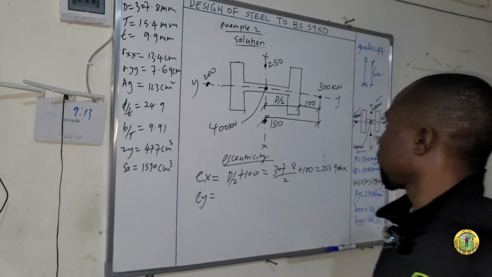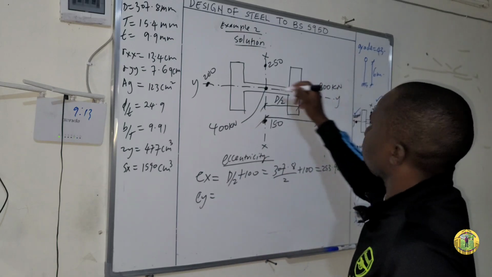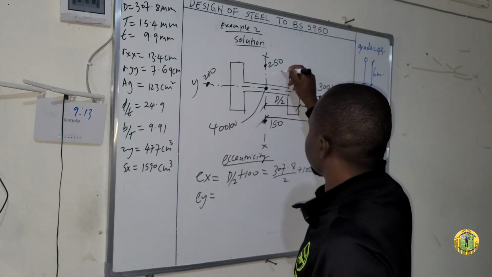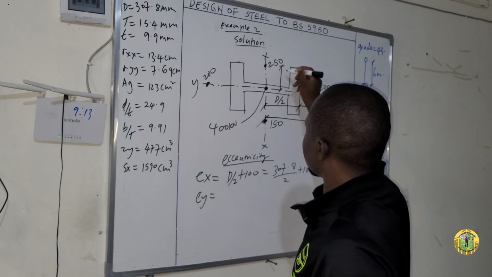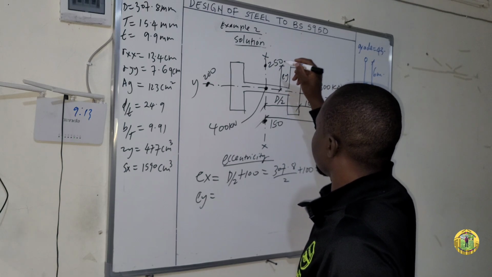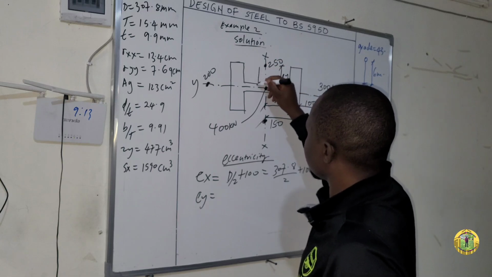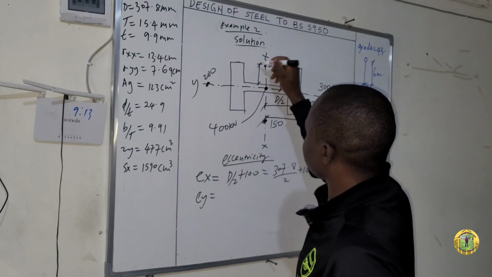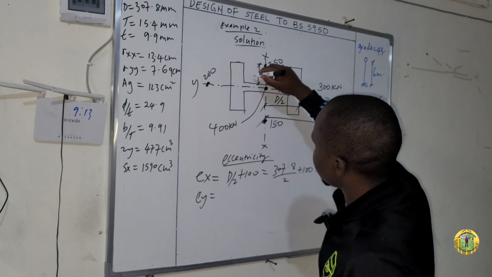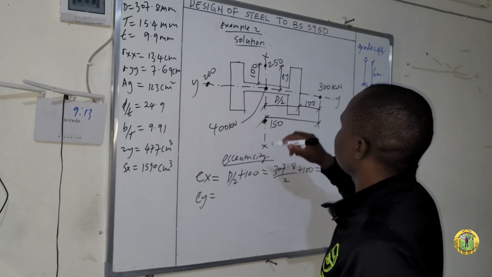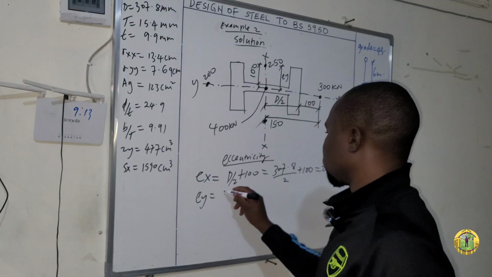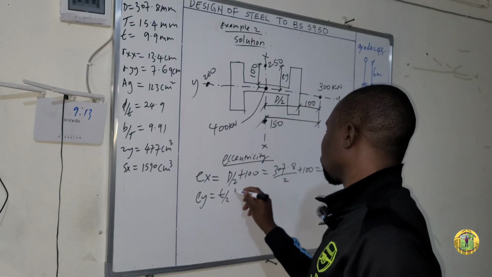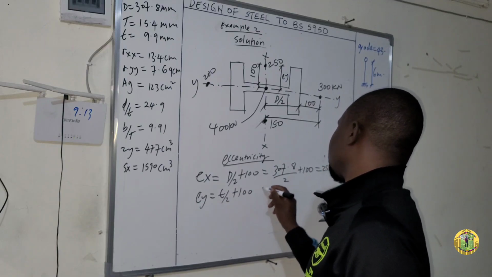Let's proceed to EY. This is the YY axis, so the EY is this distance. And this distance, as we have said, from the face of the column to where the load is active is 100. So we are remaining with this distance, which will be small t over 2 plus 100.